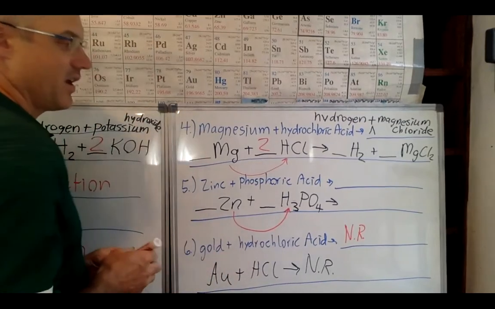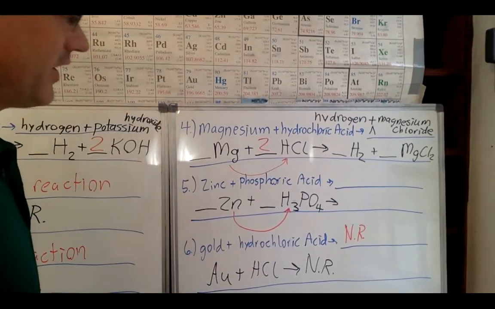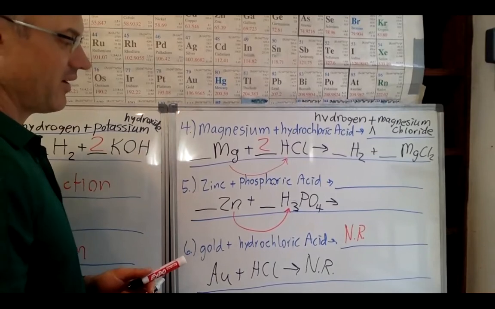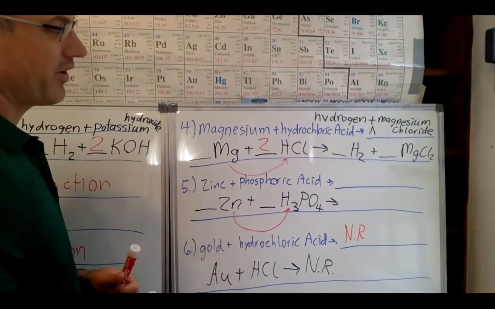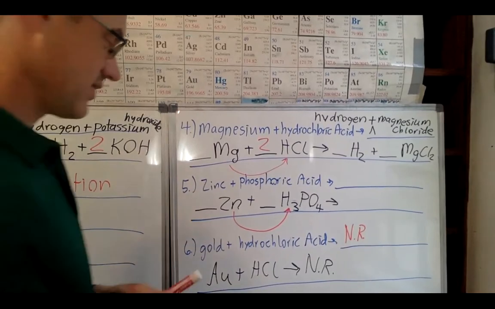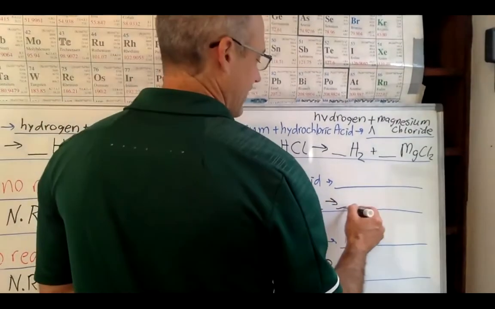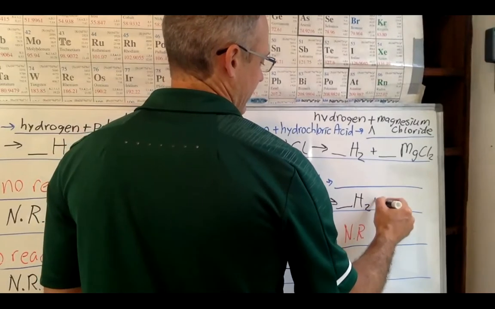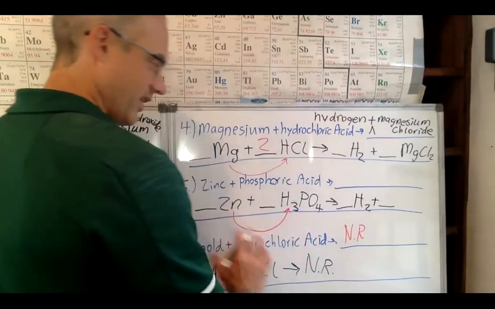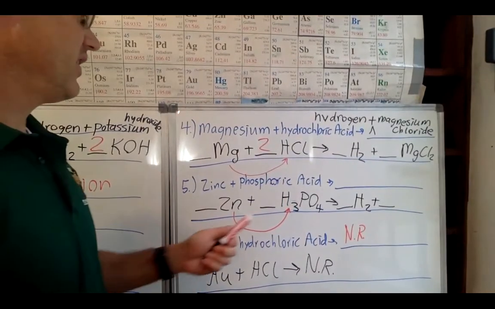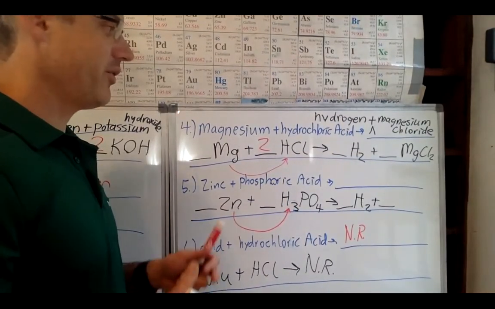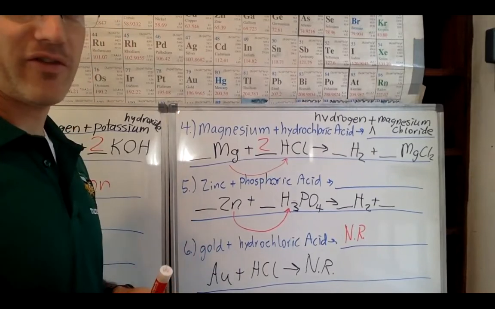All right, so the zinc kicks out the hydrogen. We got a lot of weird stuff going on here, and we'll talk about what's going on. But the zinc does replace the hydrogen, and that means for us that after the reaction, you're going to have hydrogen gas, and then you're going to have the zinc where the H3 was previously. In order for this to work, we do need to look at the charges of the ions.